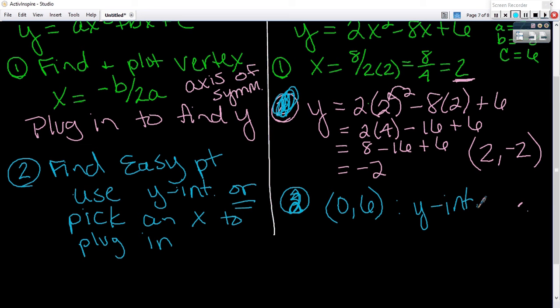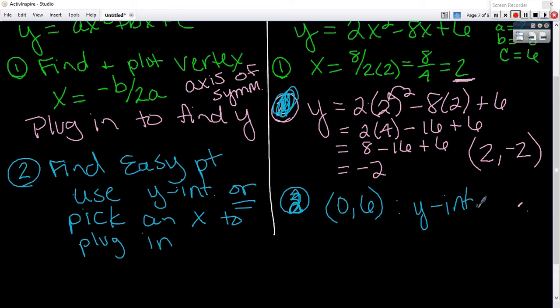If I didn't want to use the y-intercept or couldn't use the y-intercept, then what I could do is say, well, I started at 2. What's pretty close to 2? Or go the other way, 1. And 1's a pretty easy number to plug in also, right?